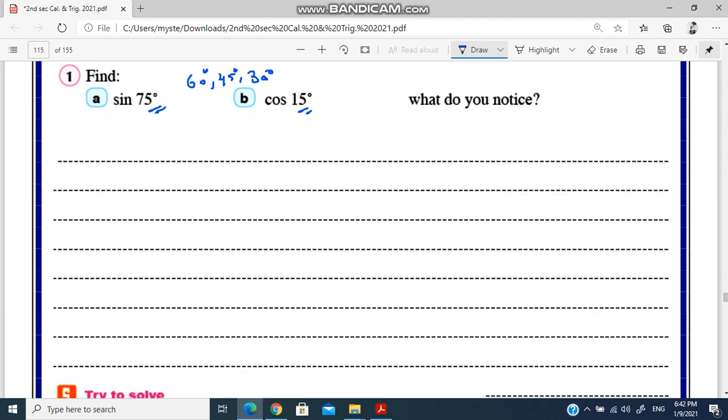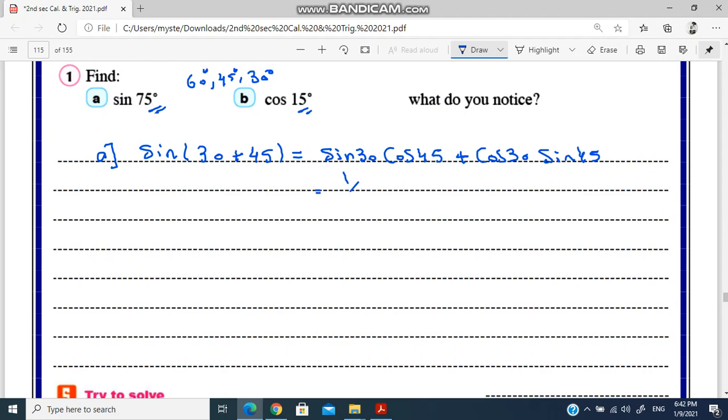So sine 75 we can get from 45 and 30. So sine 30 plus 45, and we can expand it into sine 30 cosine 45, the same sign, plus cosine 30 sine 45.